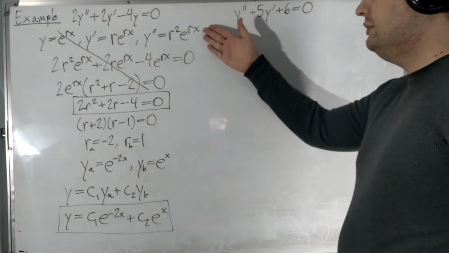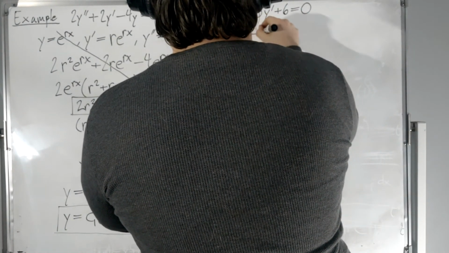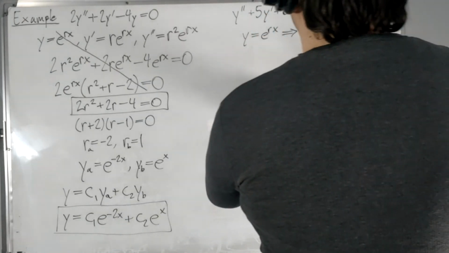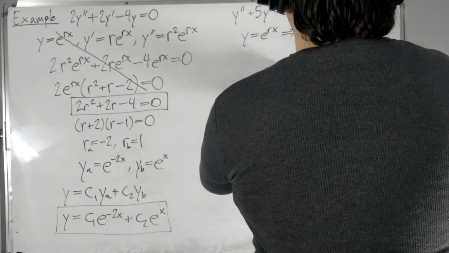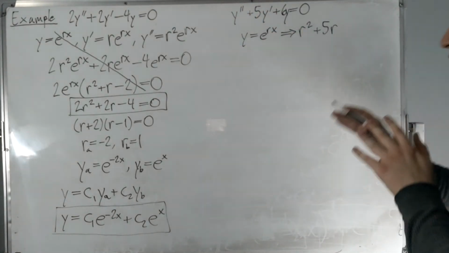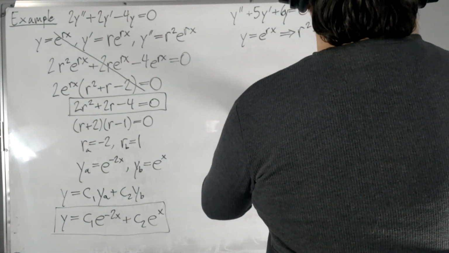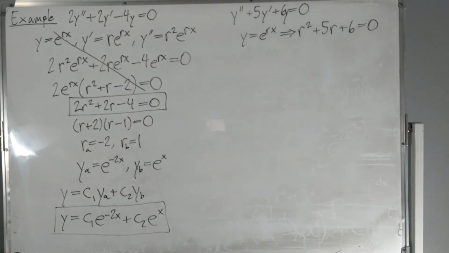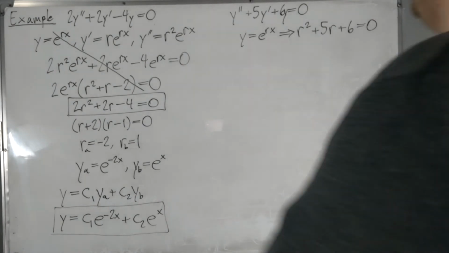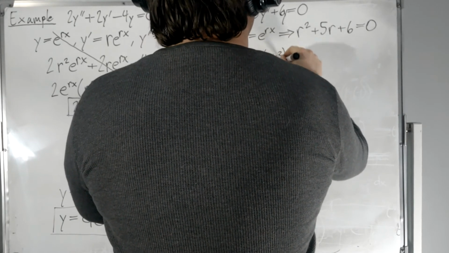You can do this whole song and dance with y equals e to the rx, but I'm just going to write that y equals e to the rx implies the characteristic equation r squared plus 5r plus 6 equals 0. You can then factor that as r plus 2, r plus 3 equals 0.